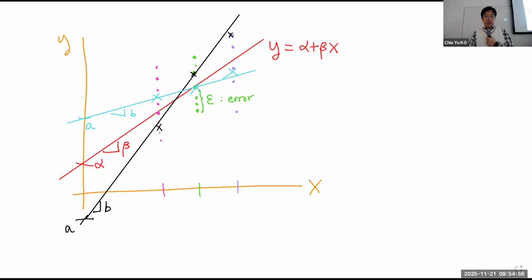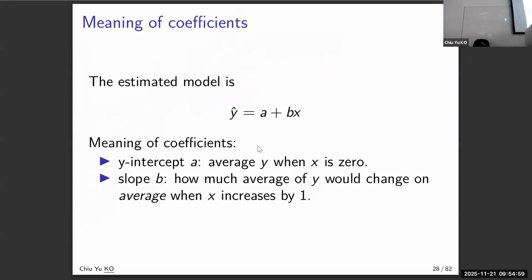We have an interpretation of this model when we run it. Once we find A and B, this is the estimated model, and A would be our expected value of Y on average if X is 0, and B will be the average value of increase in Y when X increases by 1.